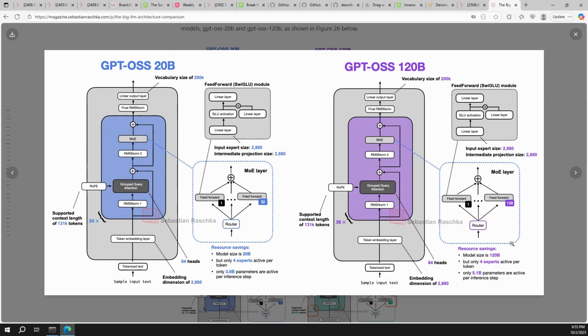Otherwise, you can see the bigger model, they did actually get to like over 100, so it's not quite as many experts, but it's sort of generally the same architecture in terms of mixture of experts, pre-norm.